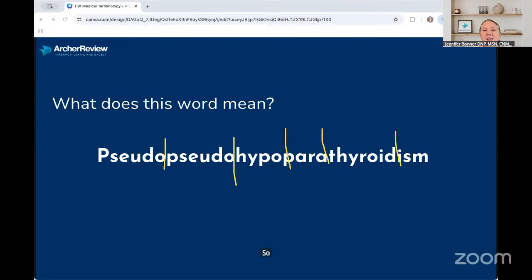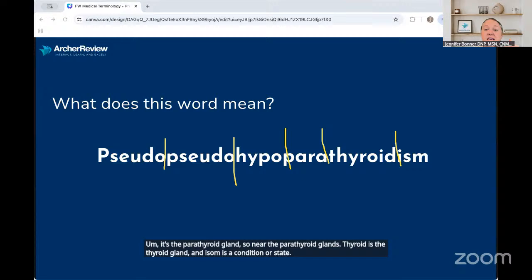So pseudo is false. We repeat it again, so this is used redundantly here for a very specific condition. We'll talk about that in a minute. Hypo is below normal or deficient. Para is beside, in this case the parathyroid gland, so near the parathyroid glands. Thyroid is the thyroid gland, and ism is a condition or state.